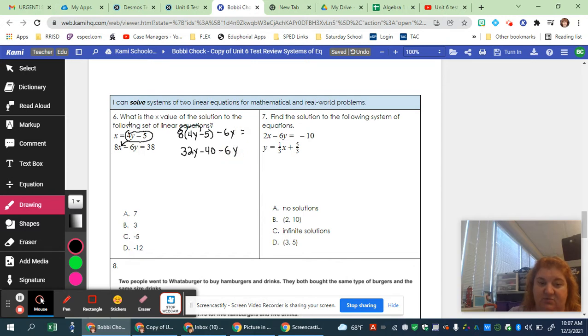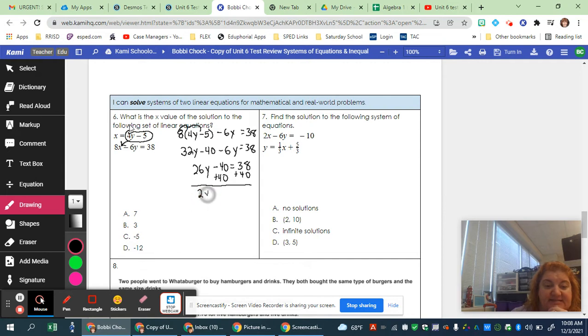All of this equals 38. Combine like terms. So 32 minus 6 is, do we know? 26? Yeah, 26y minus 40 equals 38, plus 40, plus 40.